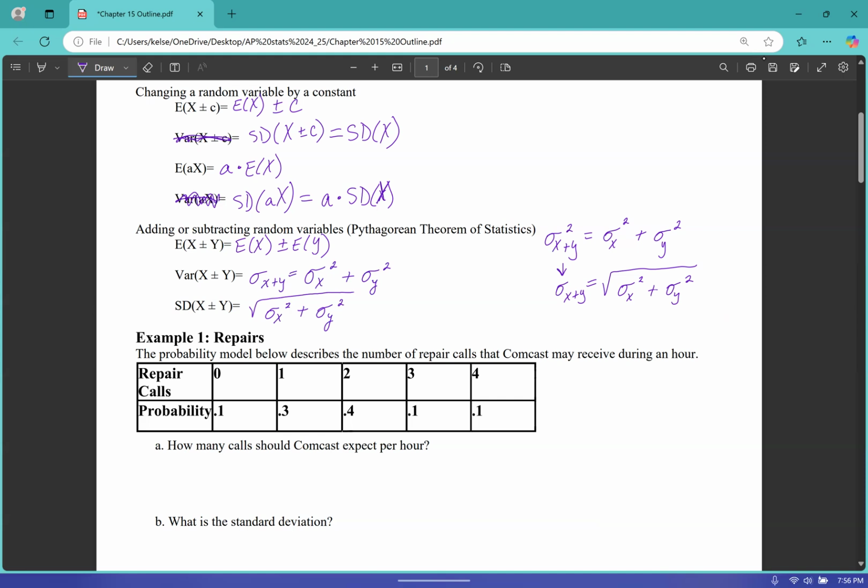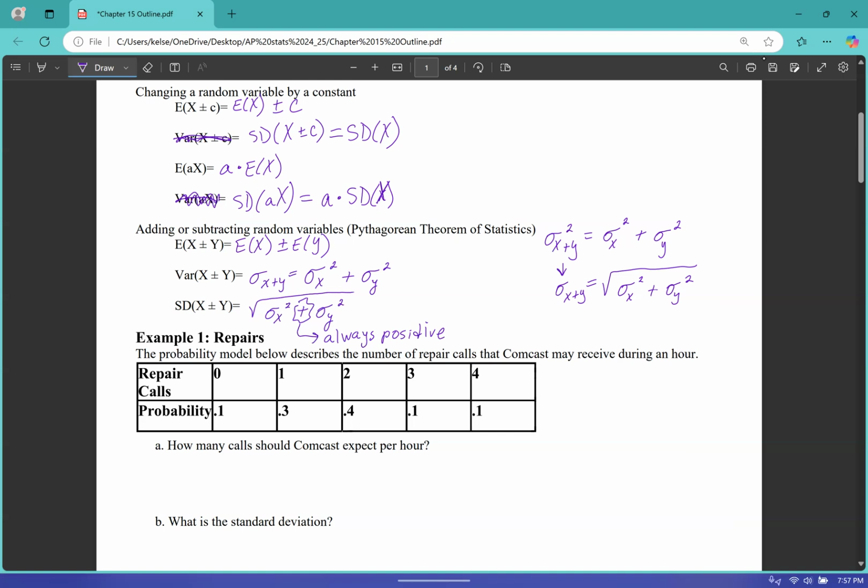So this is always going to be positive. Remember, standard deviation is trying to find out how far away from the mean we generally are. So even if you are doing the standard deviation of x plus y or x minus y, it's always going to be the square root of the variance of x plus the variance of y. Okay, so this is just your formula there.